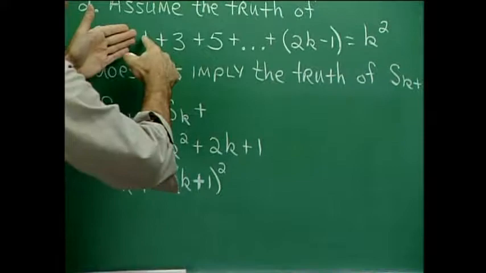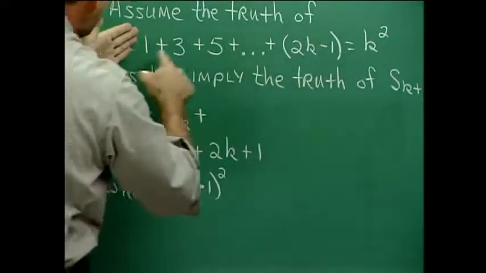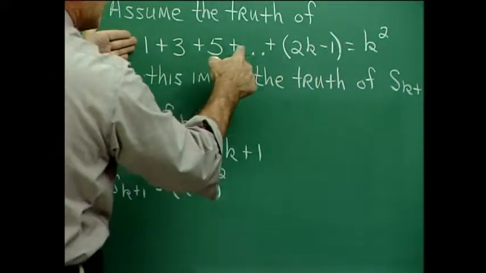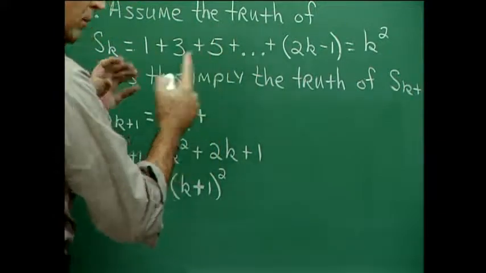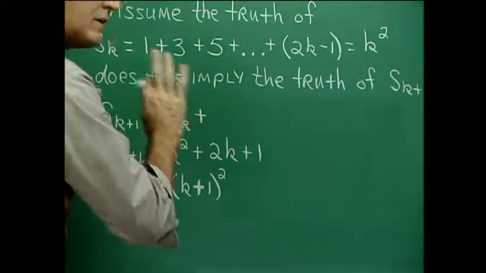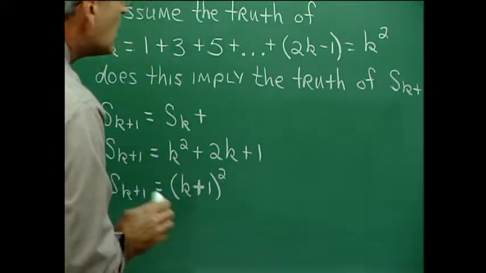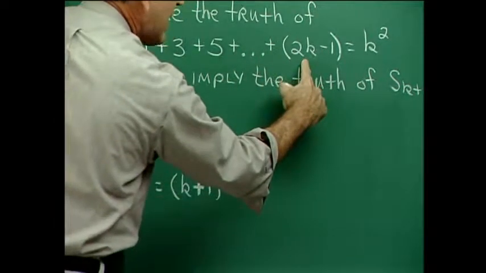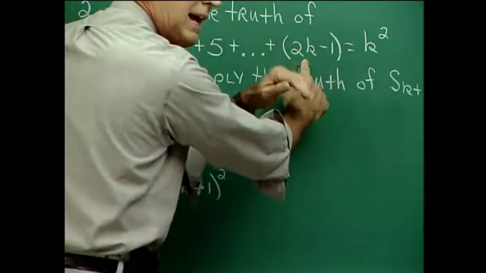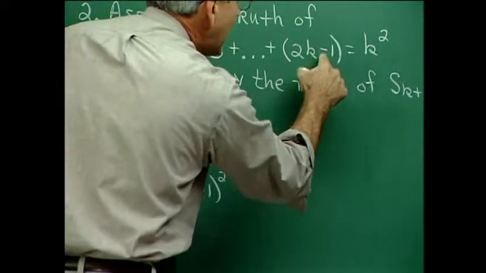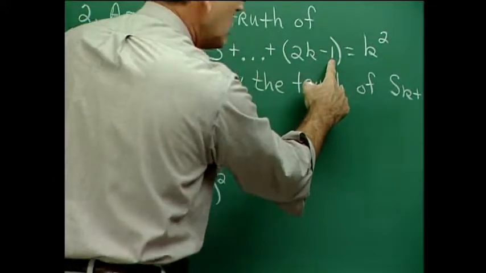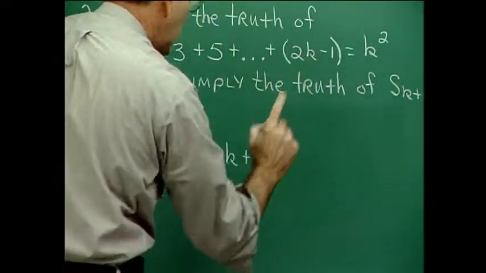Well, what's the next item in this group? We have 1 and 3 and 5 and 7 and 9 and so forth, and we're talking about odd numbers and they differ from one another by 2. So if we just take this 2k minus 1 and add 2, we'll have the next item. So 2k minus 1 plus 2 would be 2k plus 1.